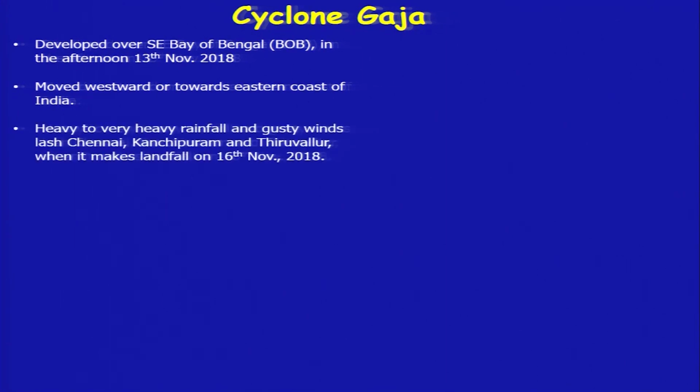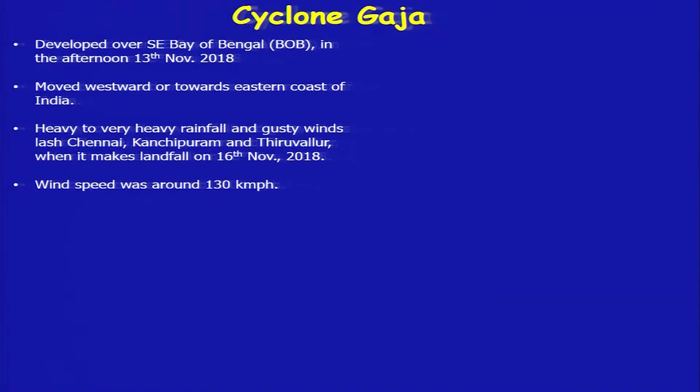Heavy to very heavy rainfall and very high wind speed affected areas like Chennai, Kanchipuram and Tiruvallur when it made landfall on the 16th. So it started on the 13th and the landfall was on the 16th.